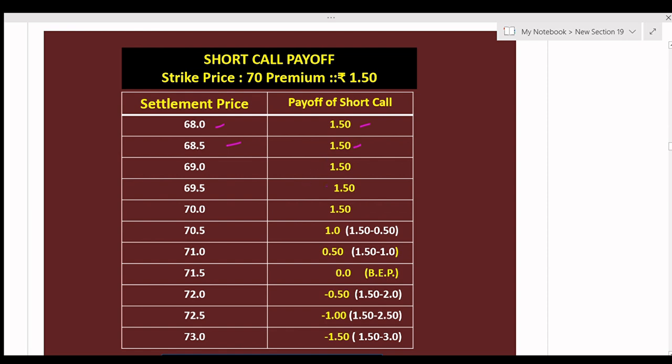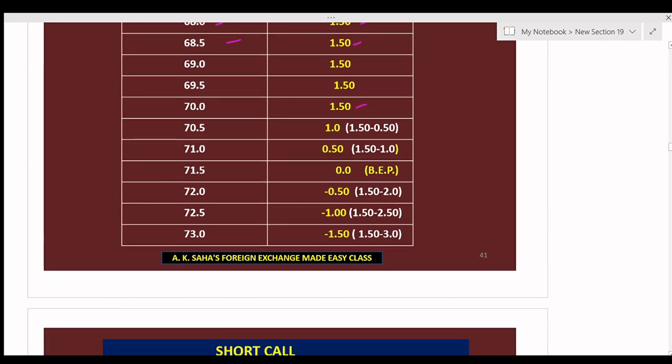Up to 70, he will gain 1.5. That is limited profit he will gain. And when it is higher than the strike price, he starts to incur a loss, and if it is 73, it will be minus 1.5. 72.5, it is rupees 1, and in this way the higher it is, the more loss you will incur.